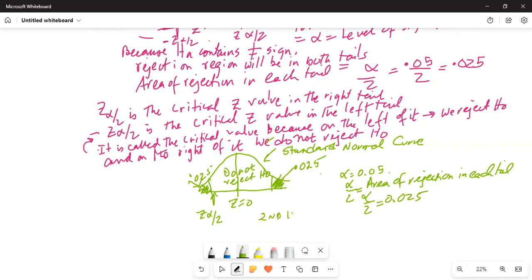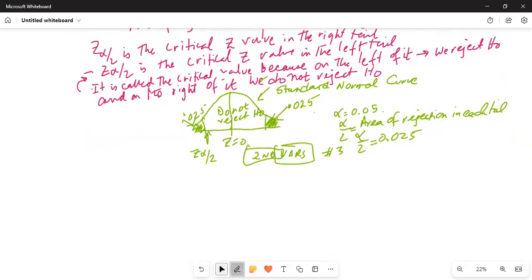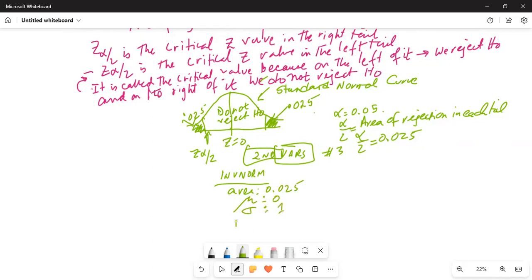We use the second button, then the inverse button, then number 3, which is invNorm.